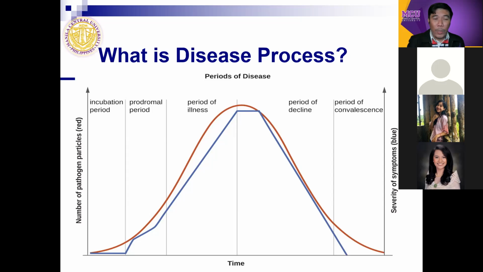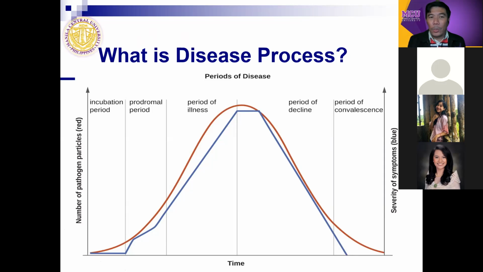So when we talk about the incubation, that is from the start when you have been exposed to the pathogens or causative agent until the prodromal. If we say the prodromal, the manifestations have already appeared. When it comes to the period of illness, this is the peak wherein it is already identified that the virus is affecting your physiologic process.